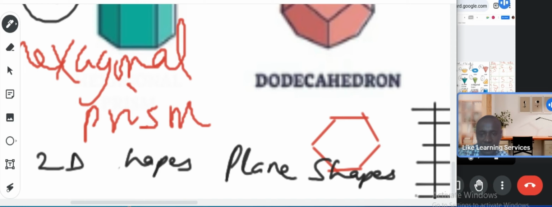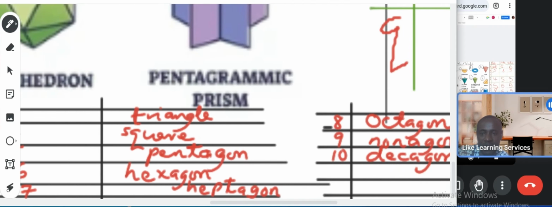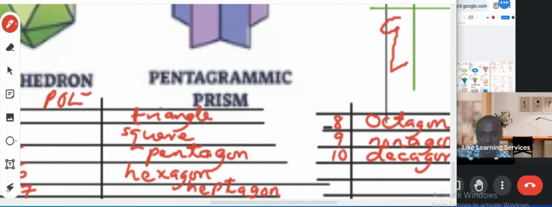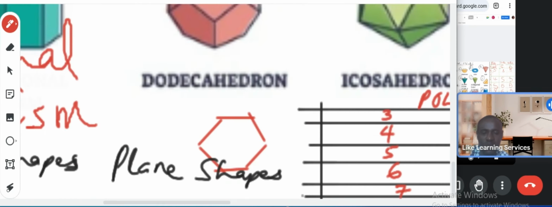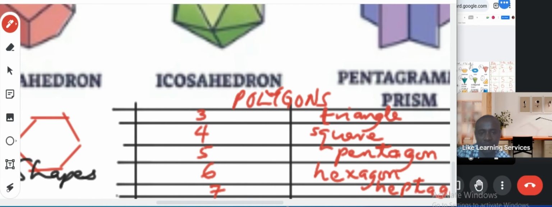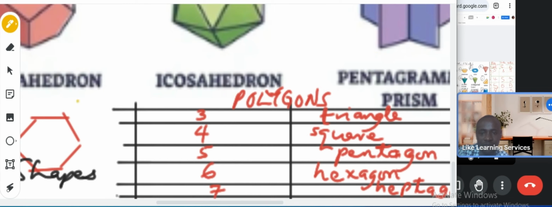You know that already. Please, you need to take note of them. Generally, we call them polygons. A polygon simply means many-sided shape, usually from 3 sides and above.